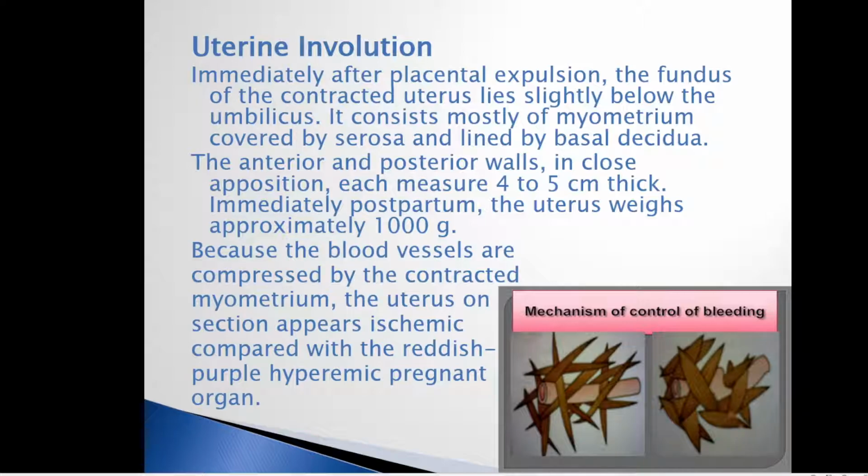Immediately postpartum, the uterus weighs approximately 1,000 grams. Because the blood vessels are compressed by the contracted myometrium, the uterus on section appears ischemic compared with the reddish-purple hyperemic pregnant organ.